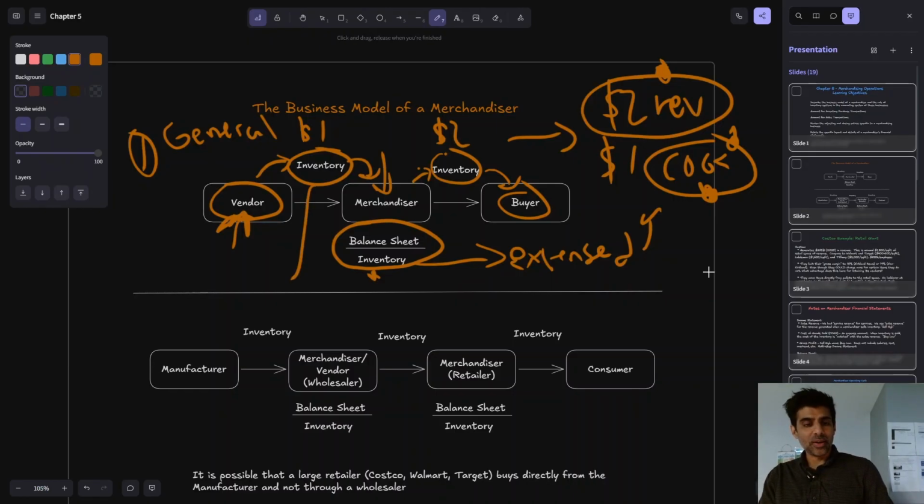There's one journal entry here where you're paying cash for inventory, but this sales transaction is going to be two journal entries. So when your merchandising business is the customer, there's certain accounting you do, and when you're selling, there's a different set of accounting considerations.